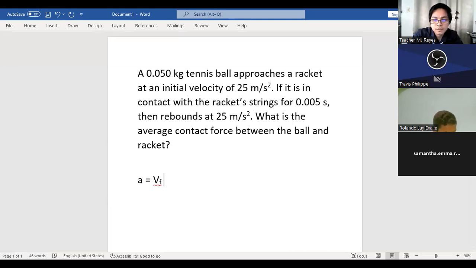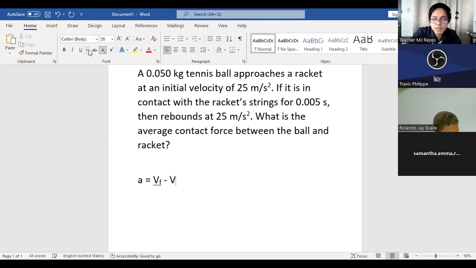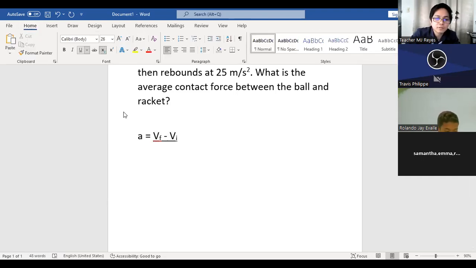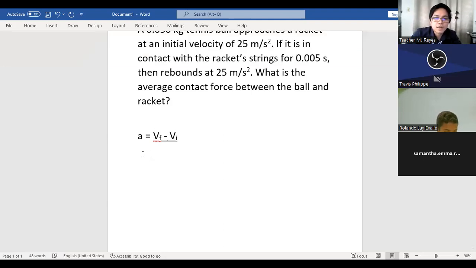Final velocity minus VI, or initial velocity, over... Haven't we already done this? Yes, we already did. I am the one who discussed this topic. Acceleration is equal to final velocity minus initial velocity over time. That's it.